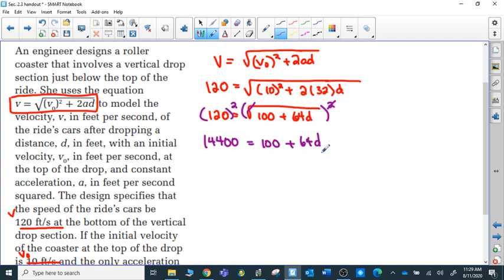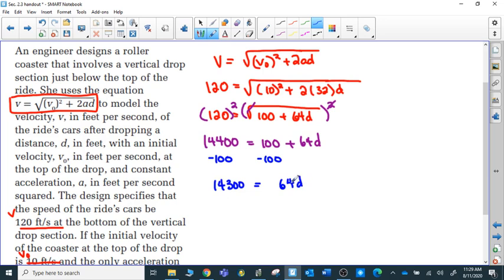Now, when we talked about the third step, that was asking us to solve the equation. This time around, we have a linear equation. And so for us to solve the linear equation, all we need to do is isolate d. That means I'm moving the 100 over to the other side. And so then if I subtract 100, we're at 14,300 equaling 64d.